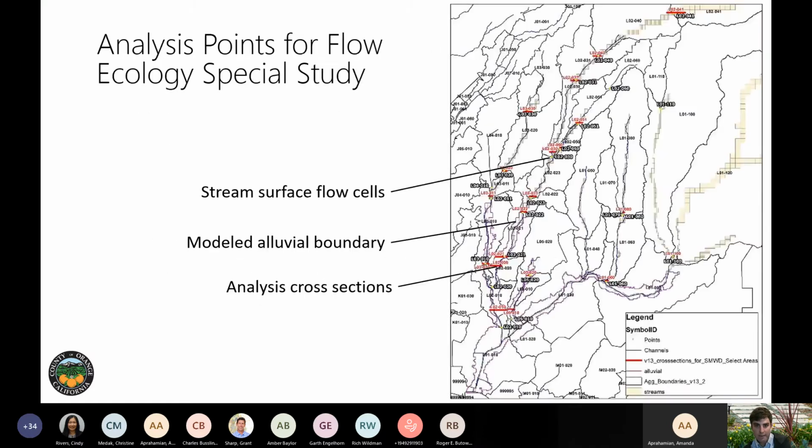And then we worked with Wildermuth to identify the locations within the model that would be most interesting relative to the flow ecology study. What you see here on the red cross sections are areas where we asked for surface flow as well as subsurface flow in the alluvial system that could be used as inputs to the ecological analysis.